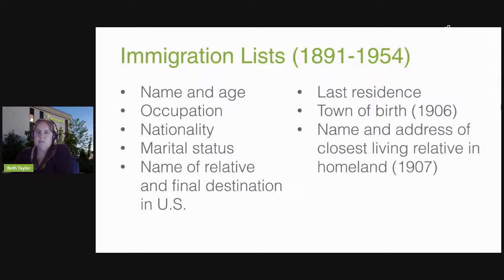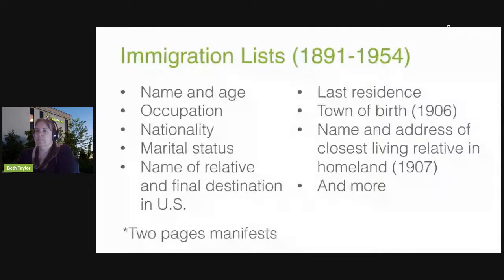After the 1906 Naturalization Act was passed, their name and address of their closest living relative in their homeland, which is awesome information. Again, it's only after 1907, but if you're looking to figure out where they come from, hey, there's a relative and an actual street address. That's going to help you track them down.